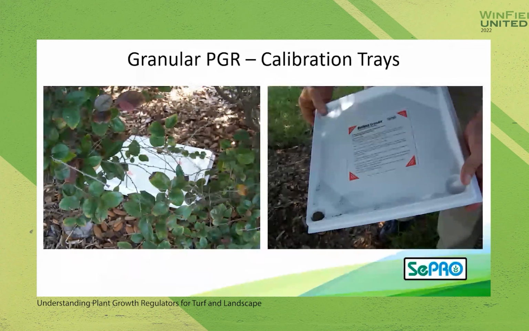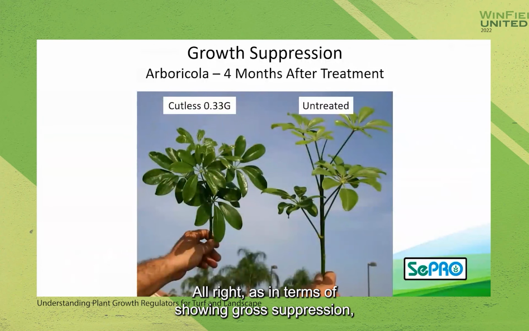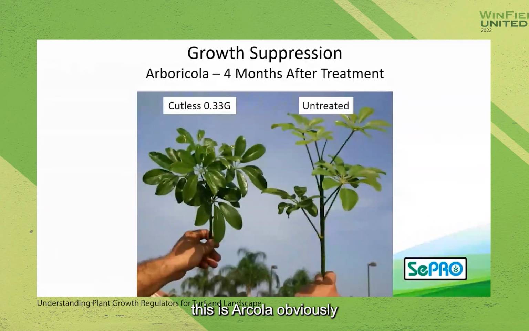All right, in terms of showing growth suppression, this is Arbicola, which is mainly a Florida species. But I like showing this photo because I think it does two things very well. It shows the darker green color, and it also shows the reduction in internode length.